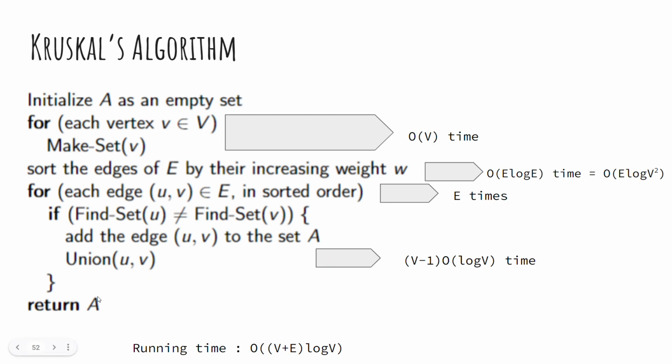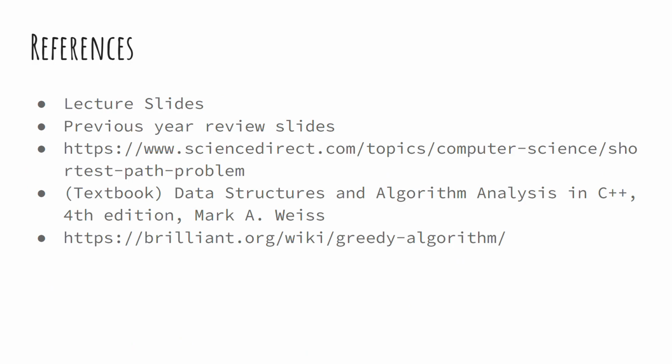And then we finally return A, which is the minimum spanning tree. And thus we get the running time of Kruskal's algorithm is big O of V plus E log V, where we get E log V from simplifying this, as I just mentioned, and we get V log V from over here, where V minus 1 times O of log V can be written as V log V. And so yeah, that's about it for minimum spanning trees.